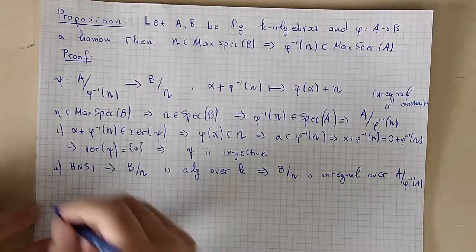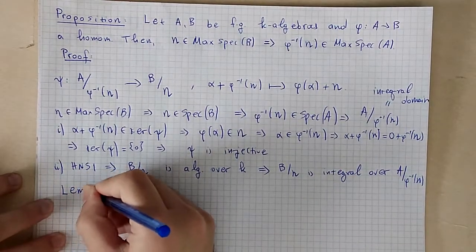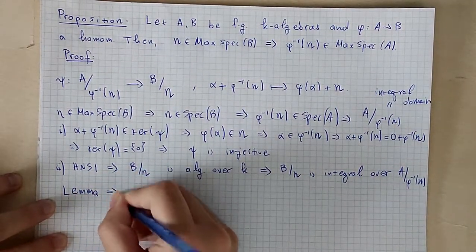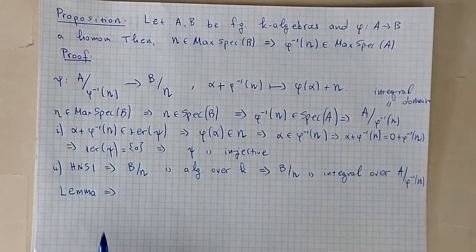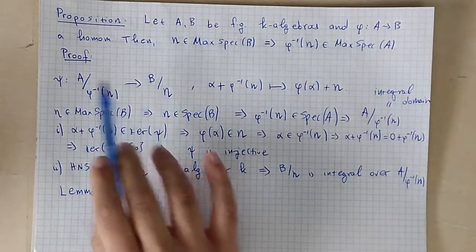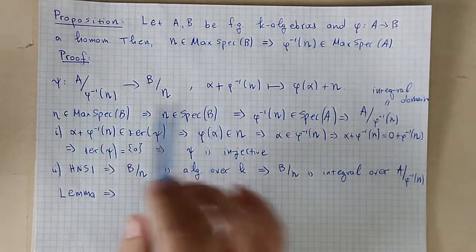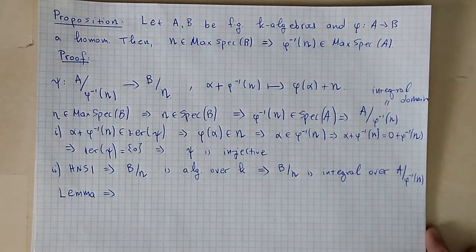But now we can use that lemma I mentioned, and the lemma said that now that we proved these properties of the map psi, if one of those things is a field, then the other one also has to be a field, right?